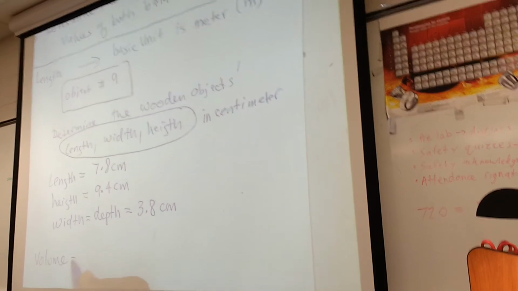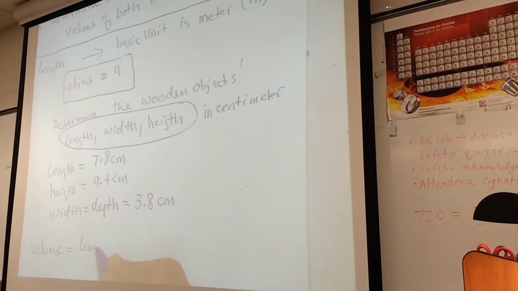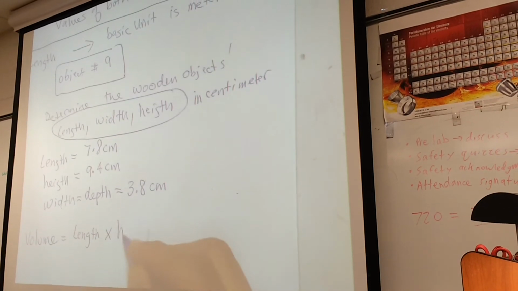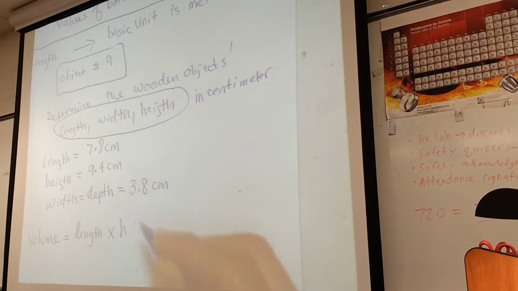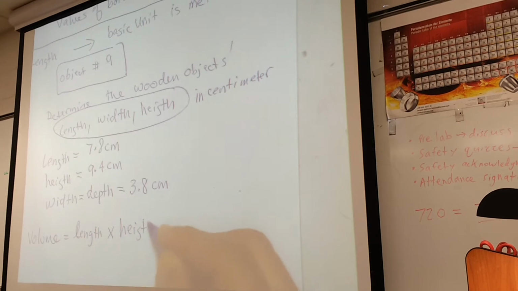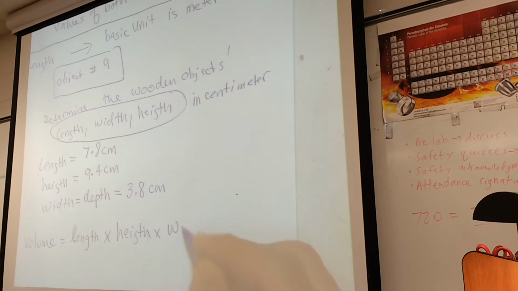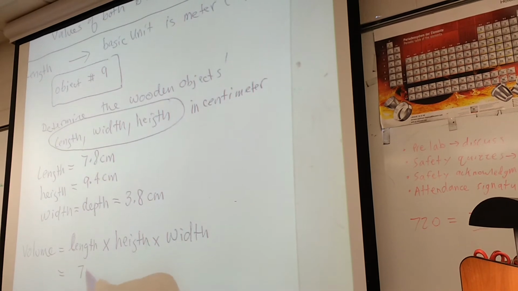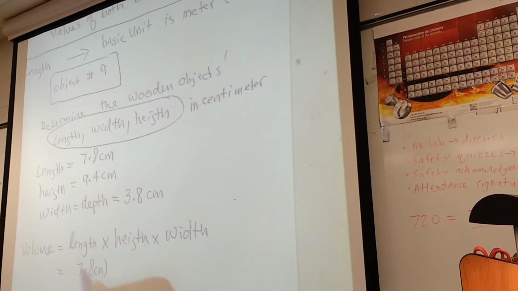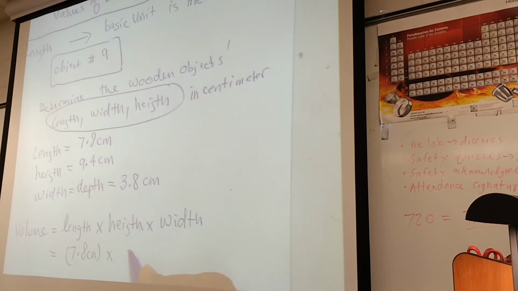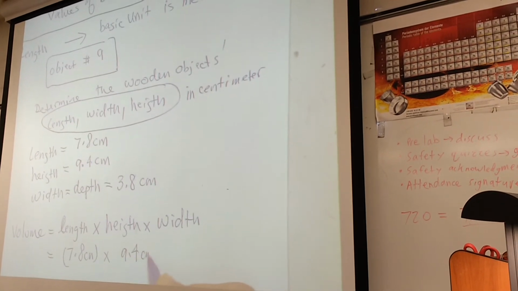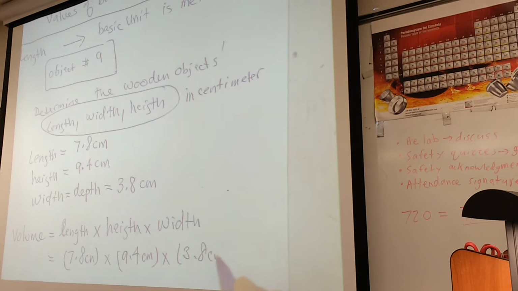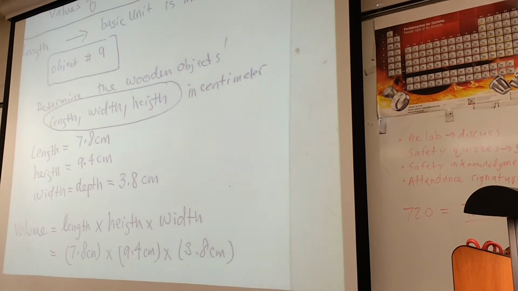Volume will be length multiplied by height, multiplied by width. So this one here, 7.8 centimeters, multiplied by 9.4 centimeters, multiplied by 3.8 centimeters. How much is it? Has somebody calculated?